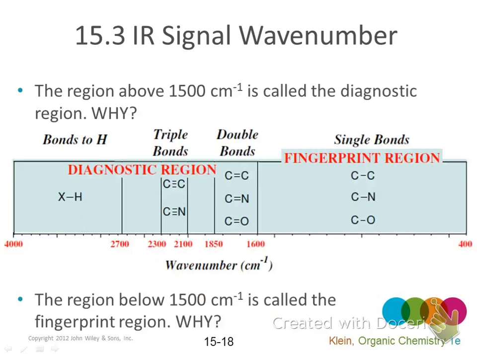You look at this region from, I usually use a little lower than 1600, but it doesn't matter. I usually go from about 1400 or 1500, and then I go up. That's my diagnostic region. I look at it and I can very quickly tell, oh, these are the functional groups that I have in my molecule. Okay? I don't know much else about it. I just know initially these are the things that I have in it. The fingerprint region has a whole bunch more information.